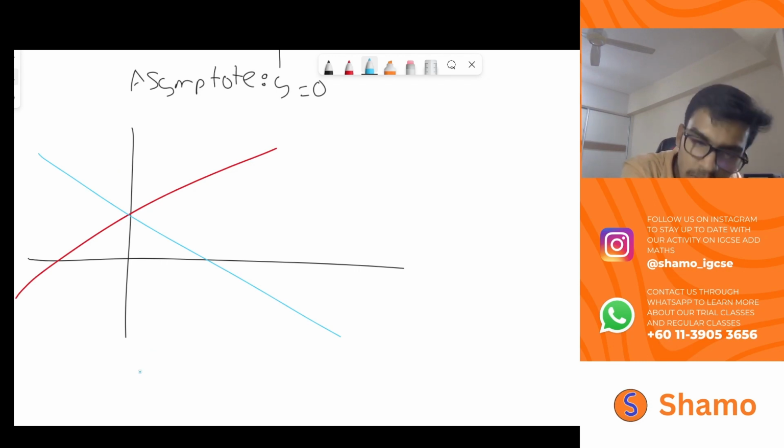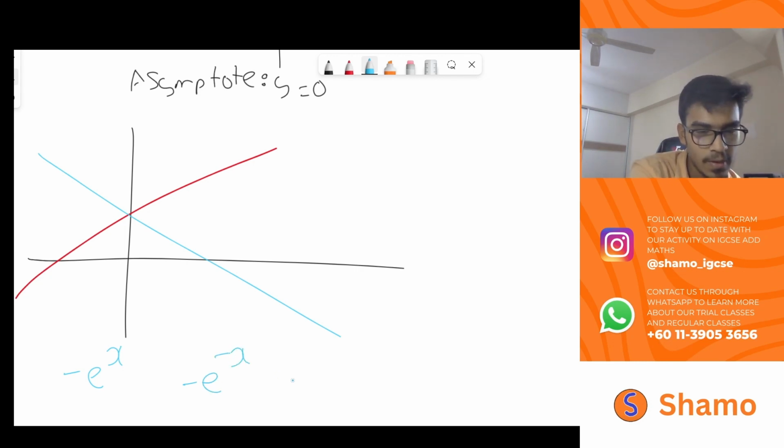Now, of course, there are so many more combinations. For example, minus e power x, minus e power negative x, or minus e power, yeah, I think that's it. Yeah, 4 combinations, and there could be 4 combinations for logarithms also. Okay, maybe not, because the argument has to be positive, there's a restriction there, but there can be many combinations for logarithms also. So you could do things.